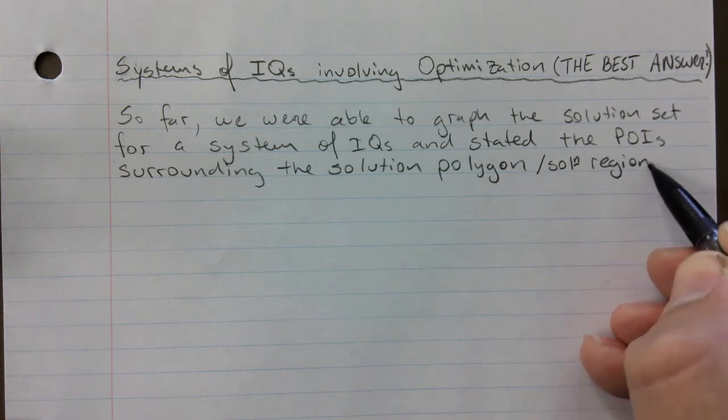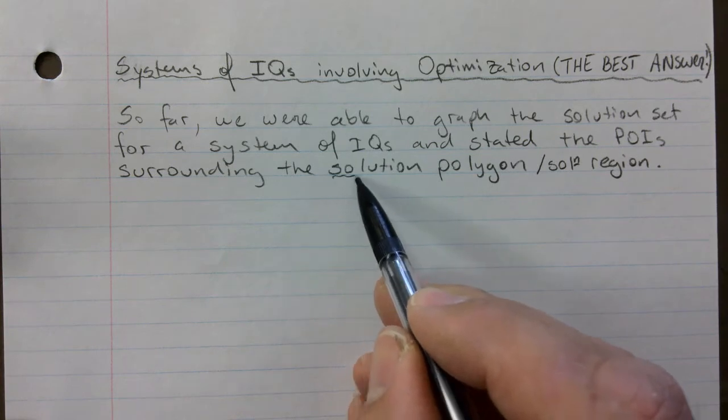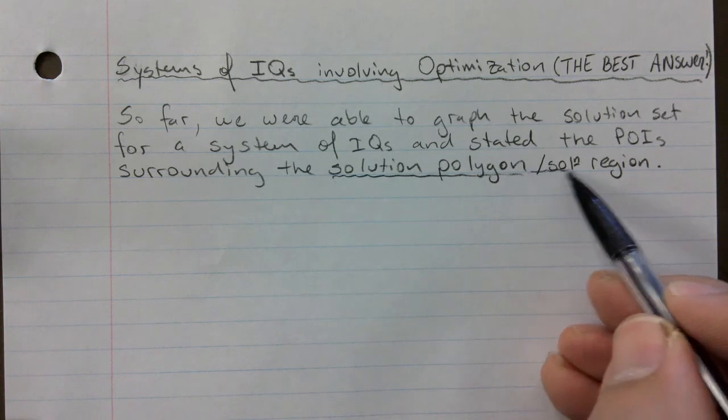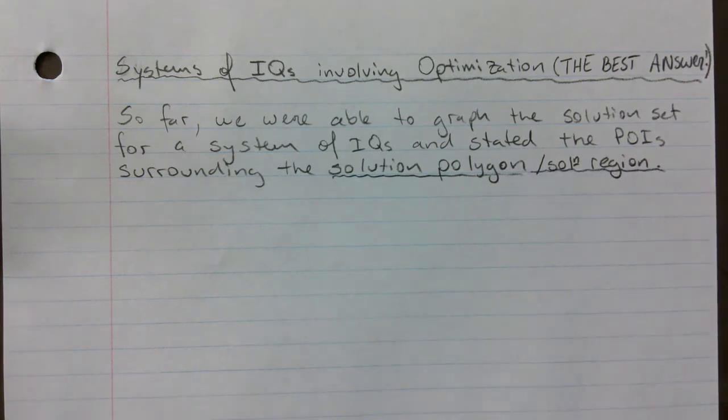It's the same thing, but it's a new word, maybe solution polygon, because the solution region will look like a polygon, and a triangle is also a polygon. So there it is.